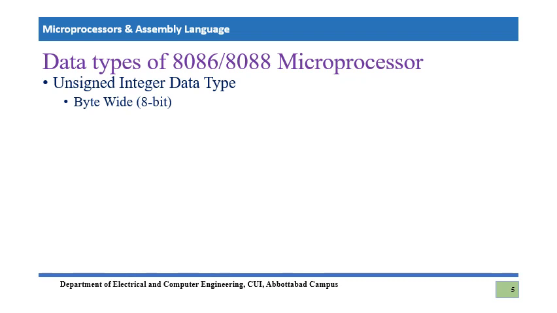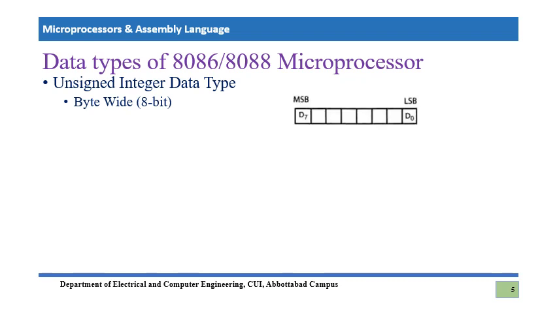Byte-wide information means the information which is only 8-bit long, and if you have been following this lecture series, you know that 8-bit of information can easily be stored in one slot of memory which is attached to these microprocessors. So 8-bit information needs only one location to store.